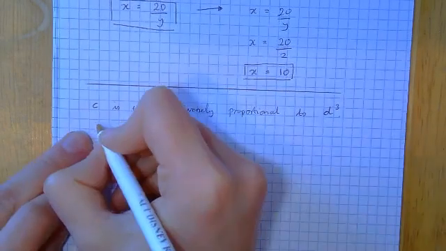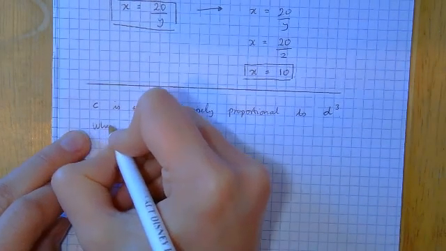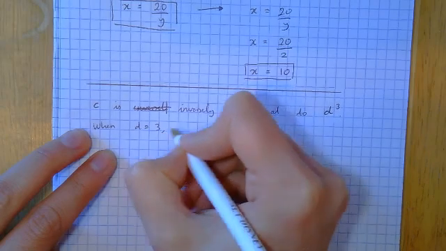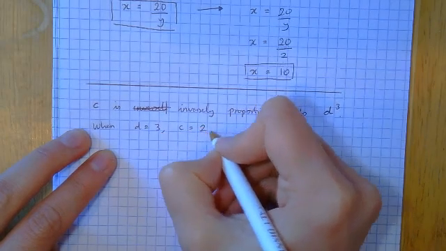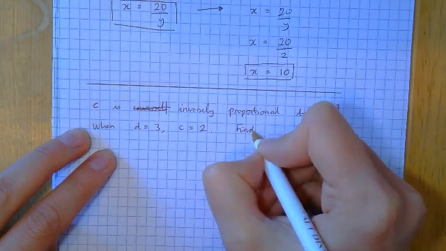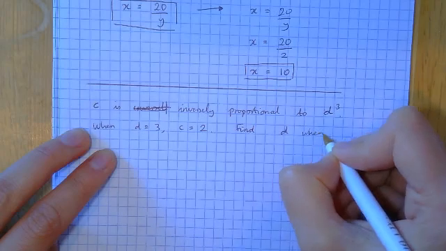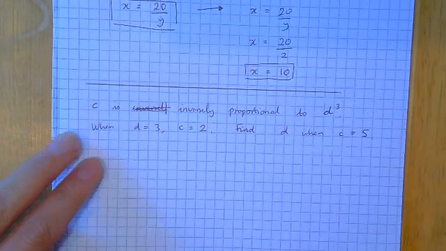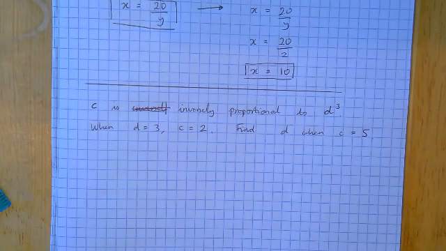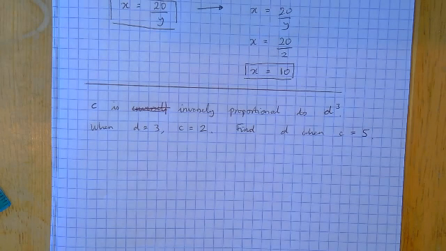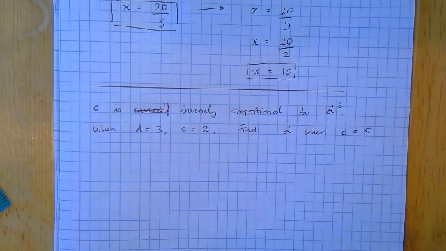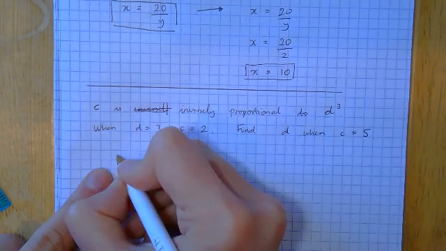D cubed? When D equals 3, C equals 2, find D when C equals 5. Right, let's have a look. I think I've probably just dug a massive hole which I'm about to fall in with horrible numbers. But let's see what happens.